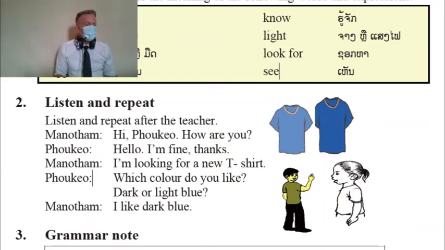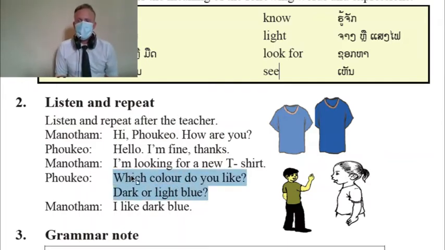Now take a look at this little area right here where they use the which. Now which is a word that we use when we have two options. So which color do you like? Do you like purple or do you like pink? We have two choices, so we use which. Which do you prefer?